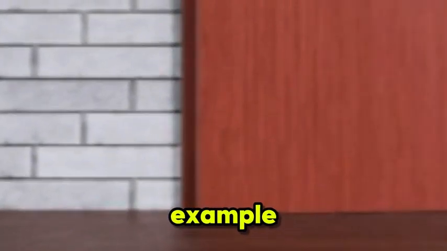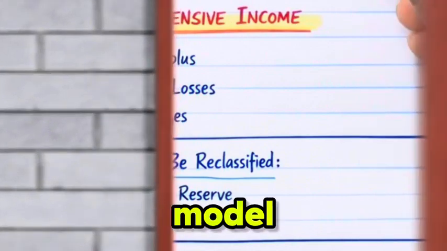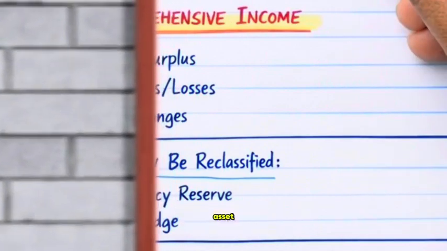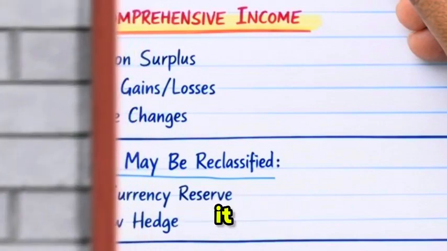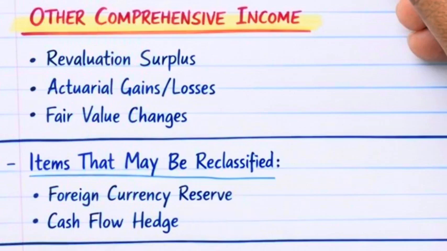For example, under IAS 16, you have the cost model and you have the revaluation model. So if you revalue an asset, the PPE, you can have a surplus. That can come in here. It is to be added. You have actuarial gain. If there is a gain, you add it. If there is a loss, you less it.